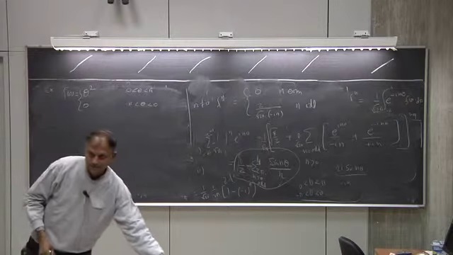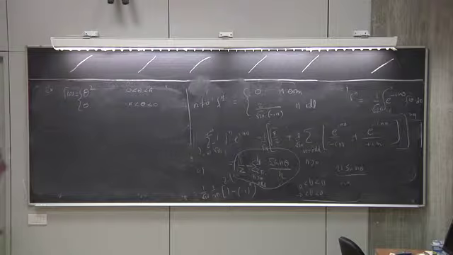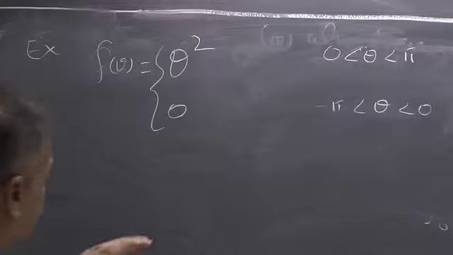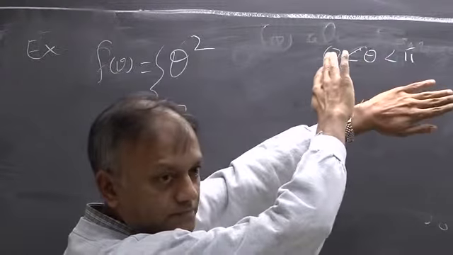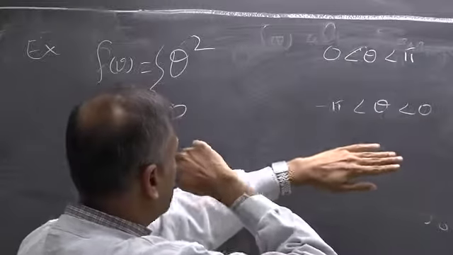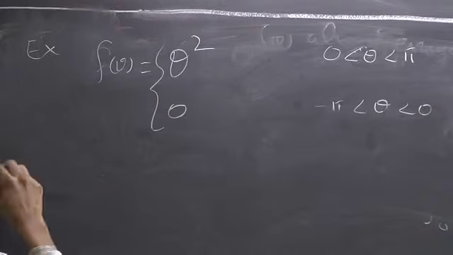Suppose I consider this function. It's slightly different from the example given here, which just takes this function from 0 to pi. But I will come back to that point a little later.